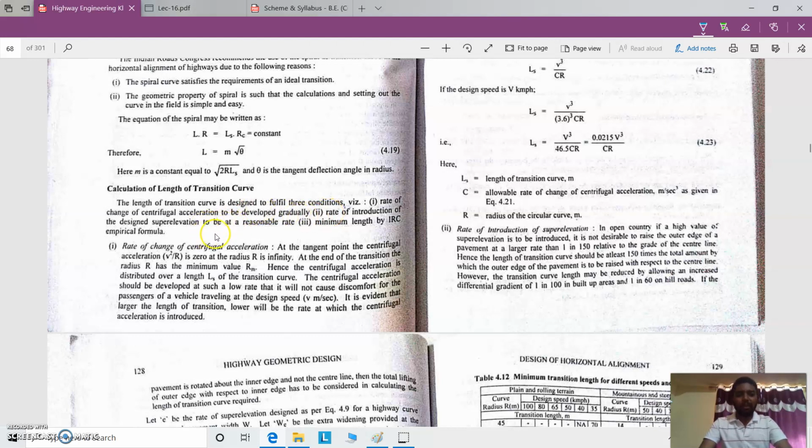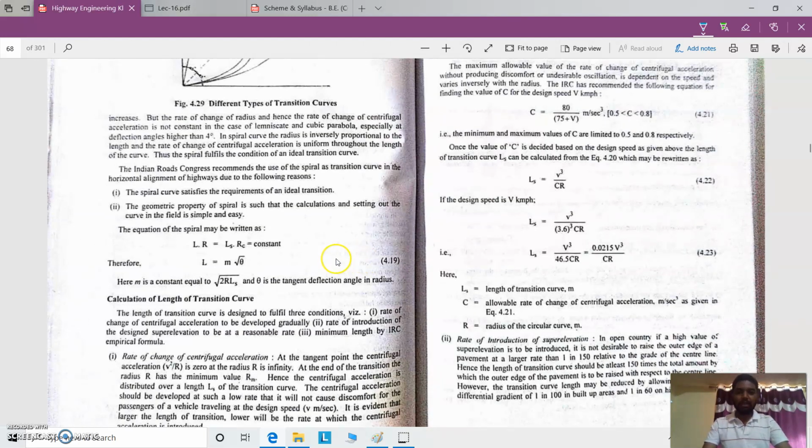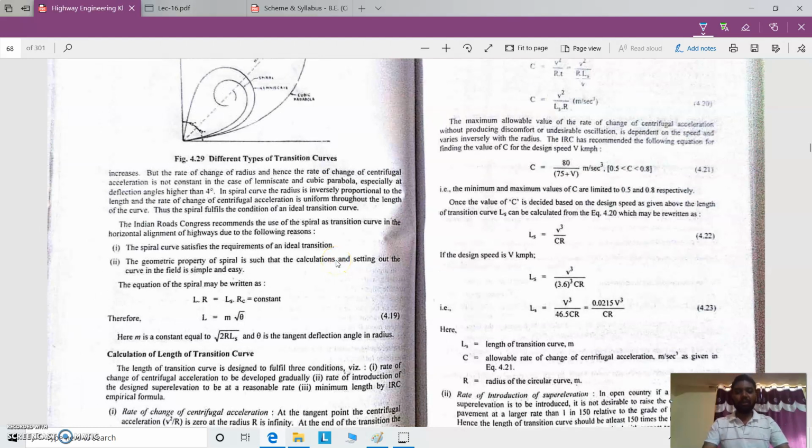First, consider the rate of change of centrifugal acceleration. Whenever centrifugal acceleration comes to mind, it is related to a curve, and whenever a curve and centrifugal acceleration are considered, the transition curve comes to mind, since the transition curve will have some centrifugal acceleration.